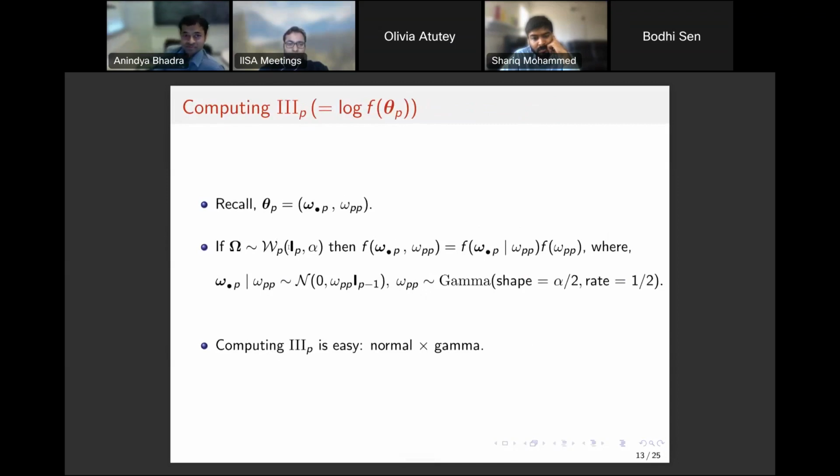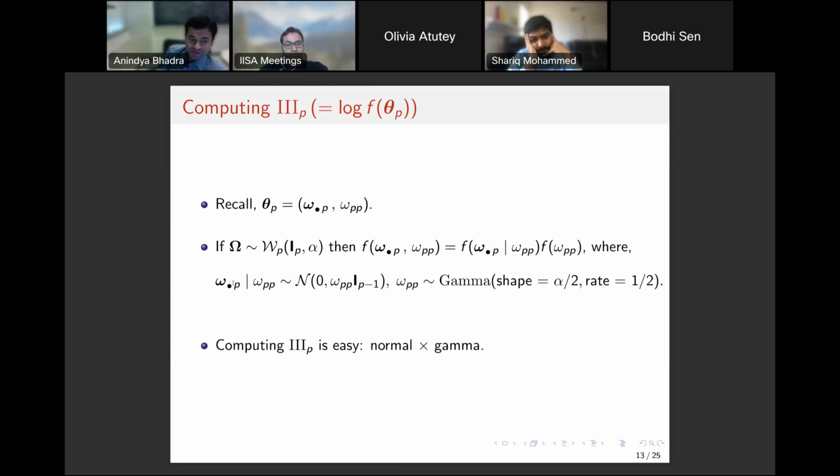So remember, we have to calculate the third and the fourth terms. So here is a recap of what the third term was. The third term was log f theta p, where theta p was the last column of omega, p by p. And it turns out in Wishart, if you have a Wishart matrix on the entire omega, then there exists a property that the density of the last column of omega, omega dot p comma omega pp, can obviously be written this way by conditioning on omega pp first and then the marginal of omega pp.